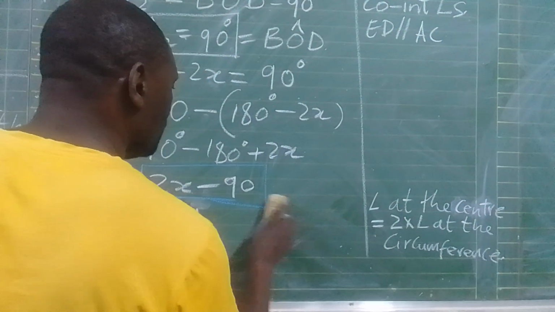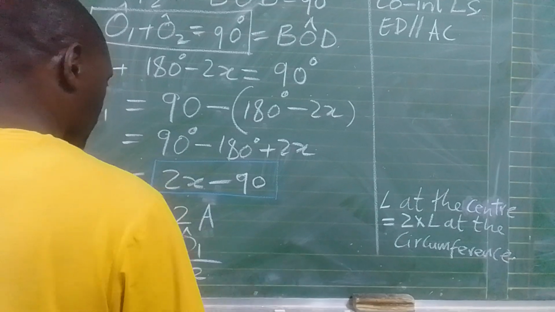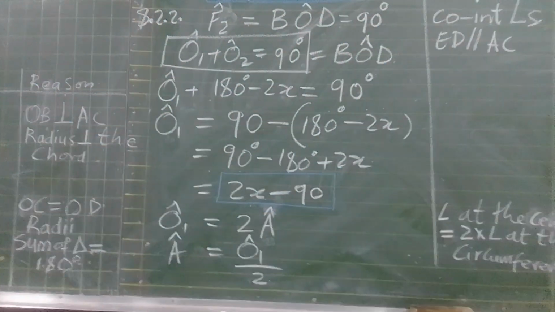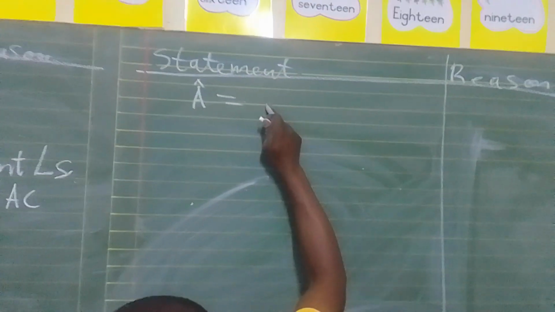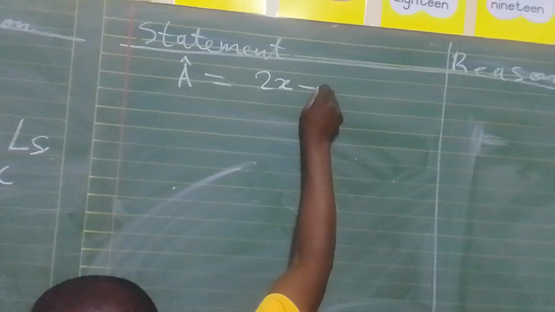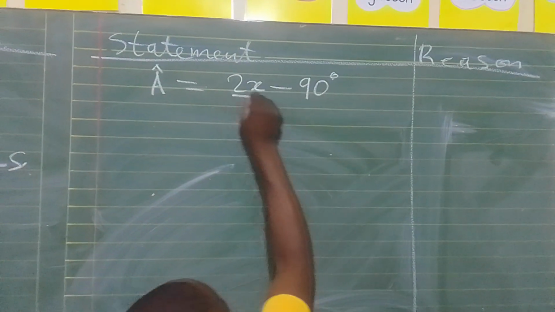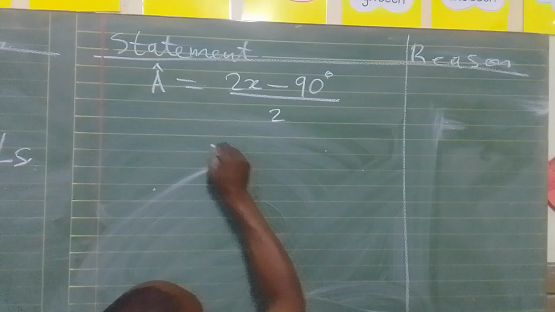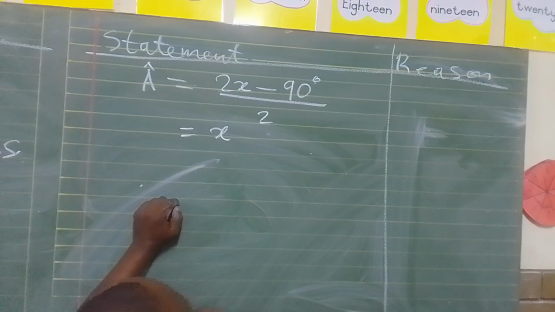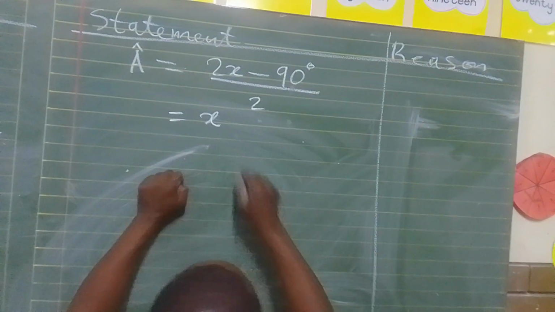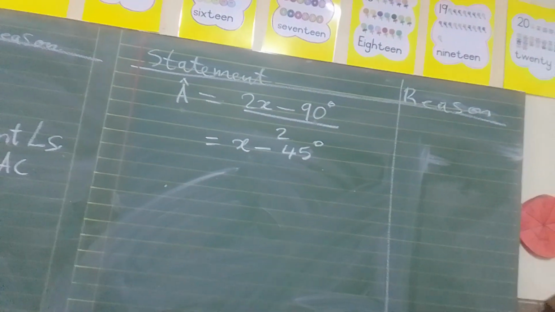So we come here to say A is equal to O1, 2x minus 90, divided by 2. Then our A is 2 divided by 2, it's 1. 1 times x is x. 90 divided by 2 is 45. Now A is x minus 45 degrees.